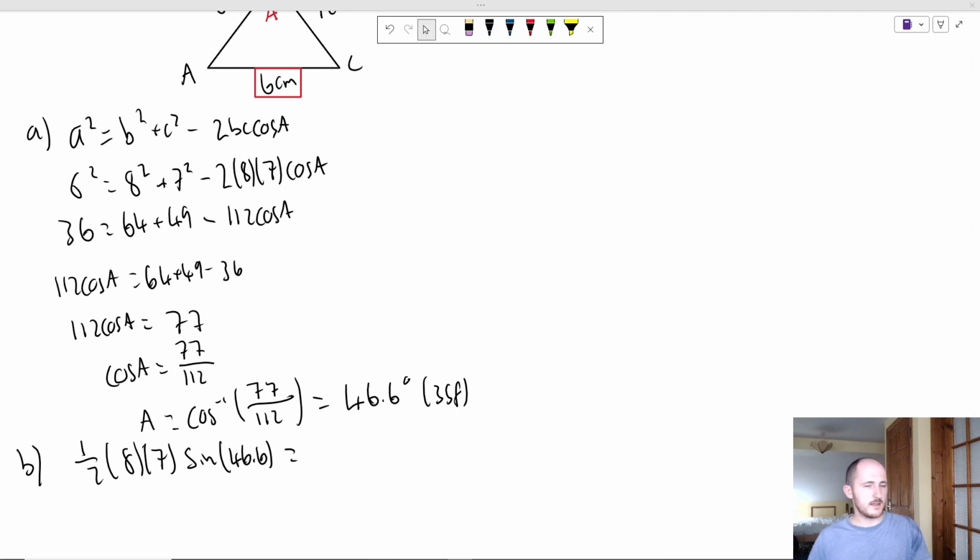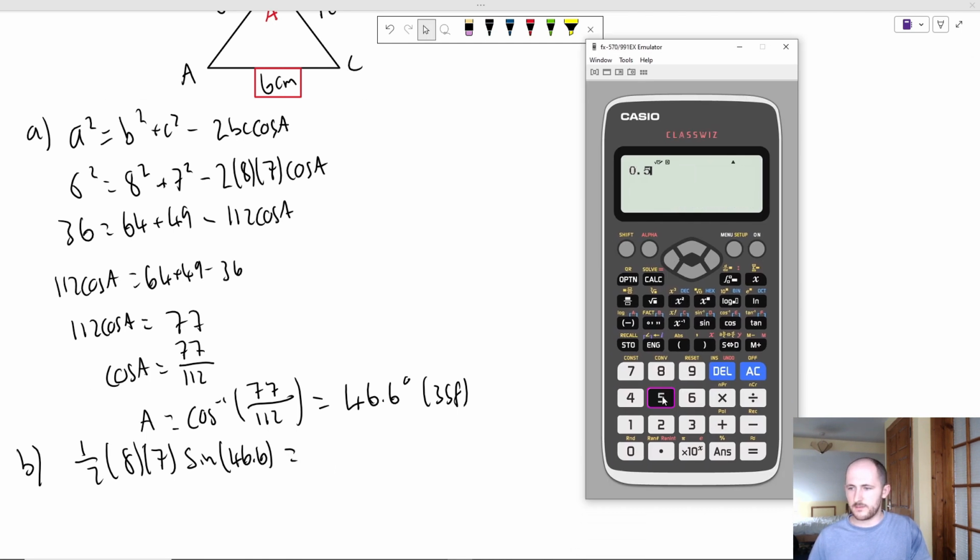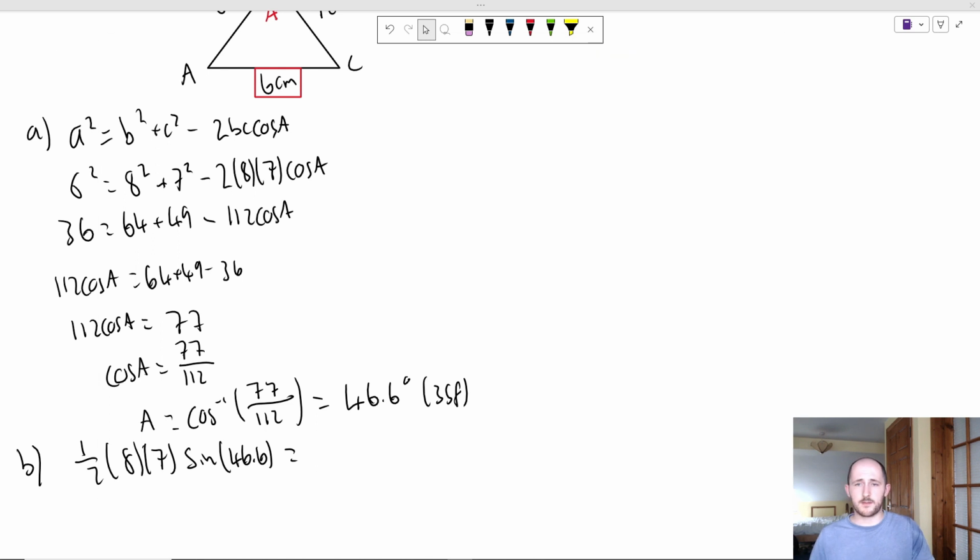So let's quickly do that. 0.587 sine 46.6, 20.3 square centimeters. Again, 3 SF. Always write what you're rounding to in A level.